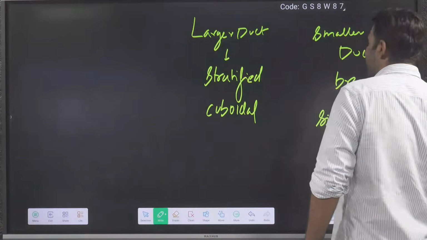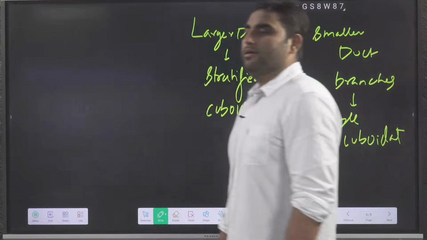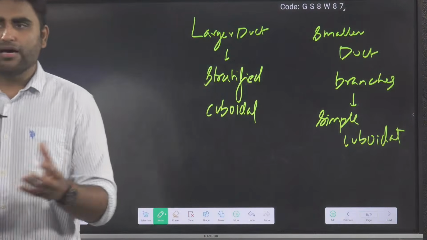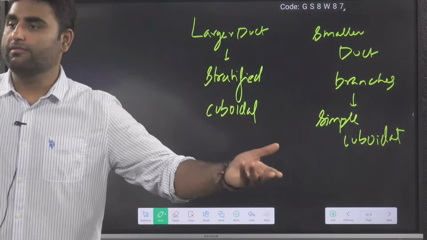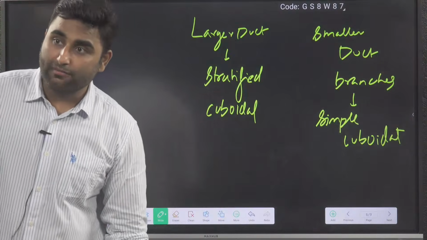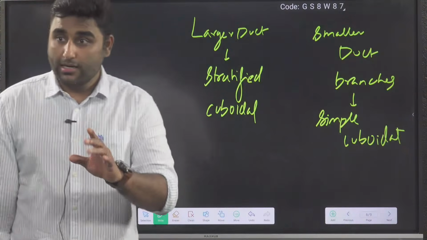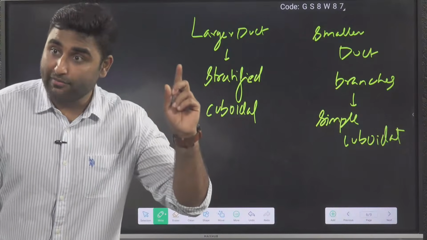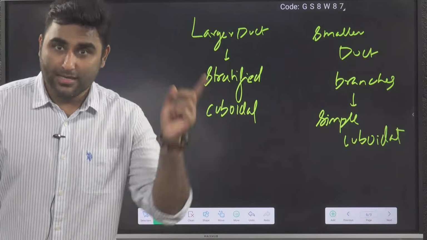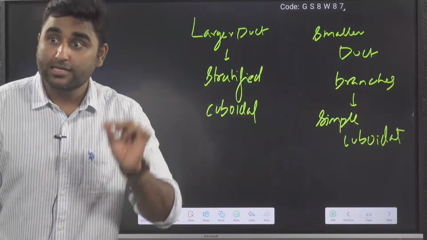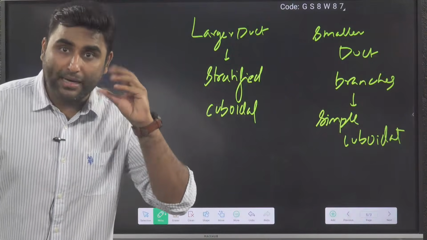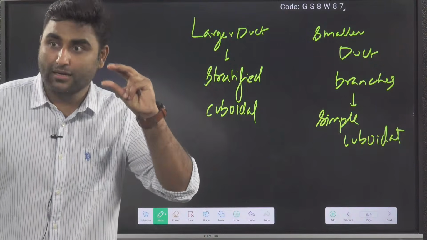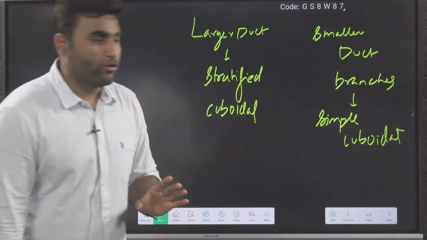Are you getting me, guys? Common sense. Bigger ducts will have stratified, smaller ducts will have simple cuboidal. Are we clear? So that's why if you read the paragraph of simple epithelial tissue, they have written lining of ducts. For the small branch ducts it is simple; for the large ducts, stratified cuboidal.